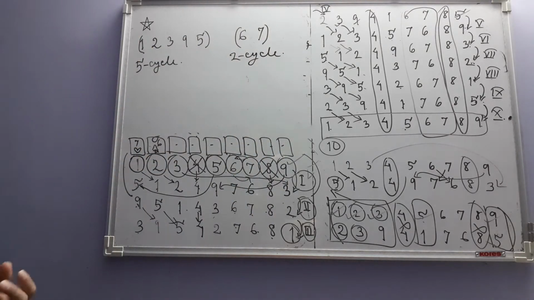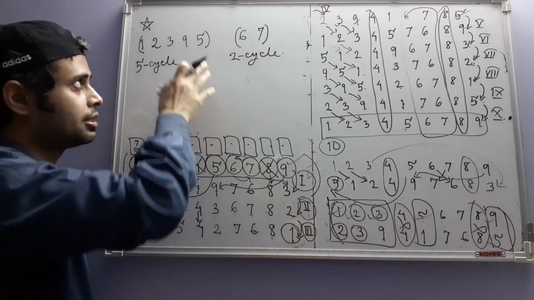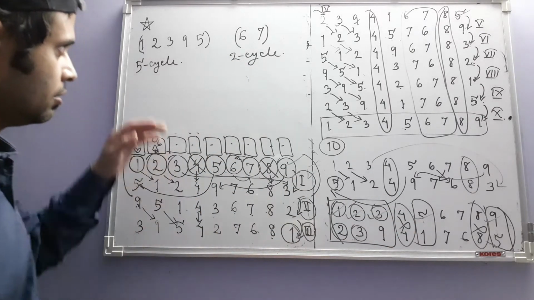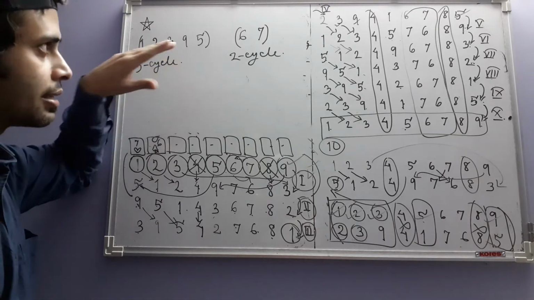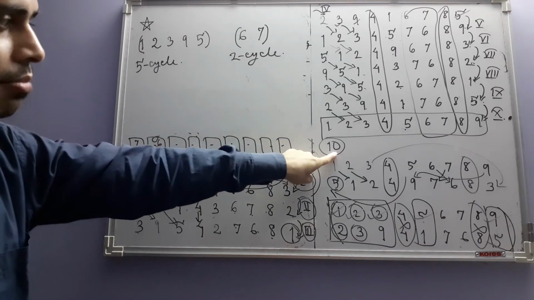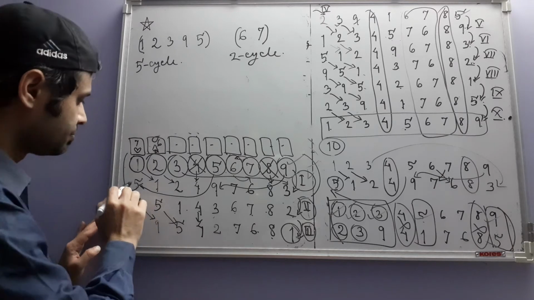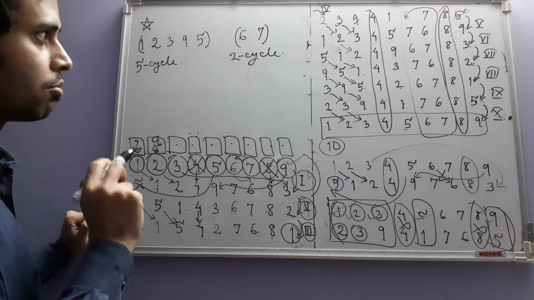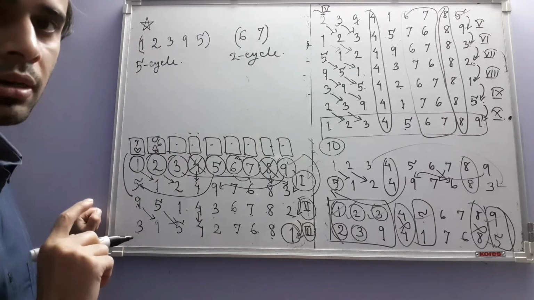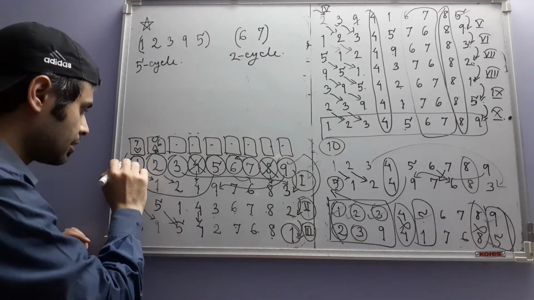But what is the advantage of this? Is it just simply a device for writing this whole thing in a short manner? No. Besides writing this whole thing in a more compact manner, these cycles tell me something about this number 10. Let us now go to the actual calculation. Let us just keep track of what is happening to the first card as we are applying the shuffling scheme. Here is the first card.